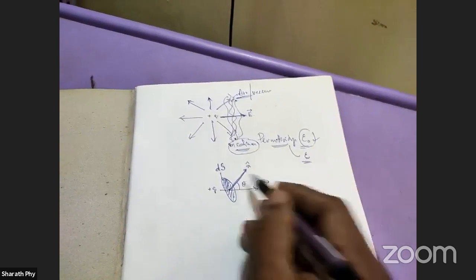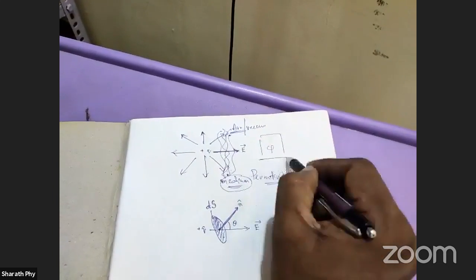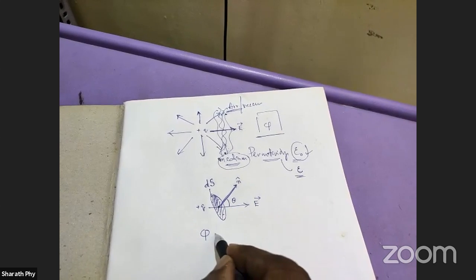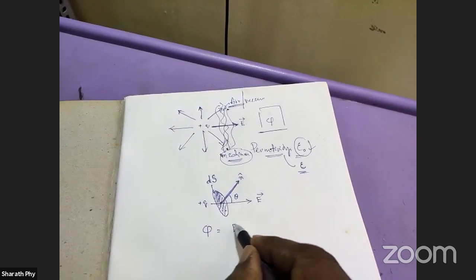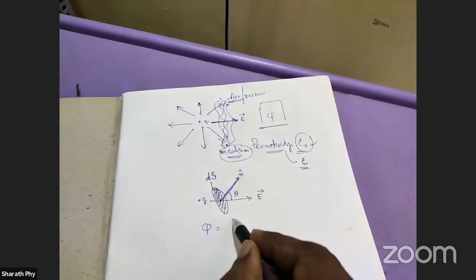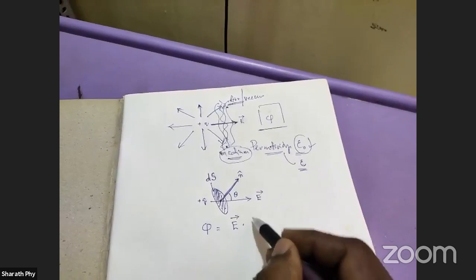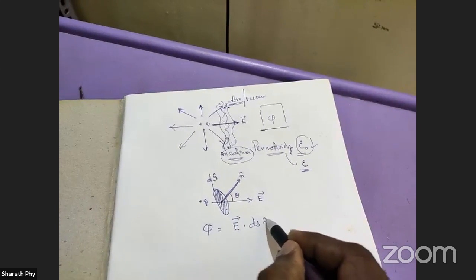If we have to calculate the electric flux in this area, what is the formula we use? Electric flux is equal to the scalar product of the electric field and the area vector normal to this area.